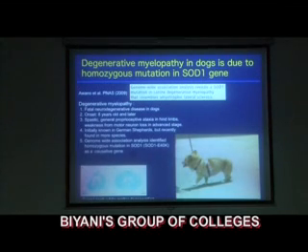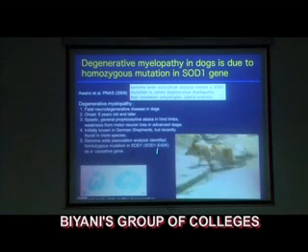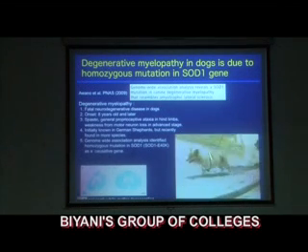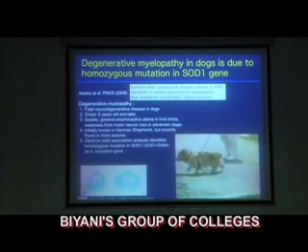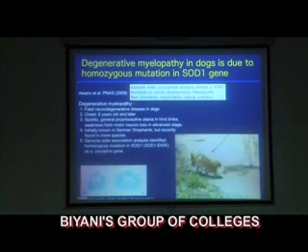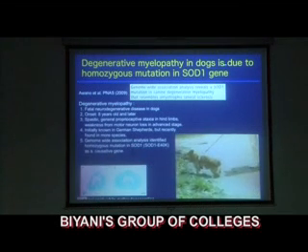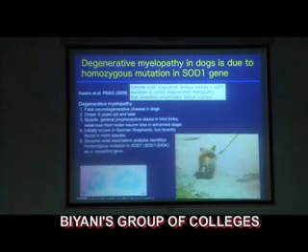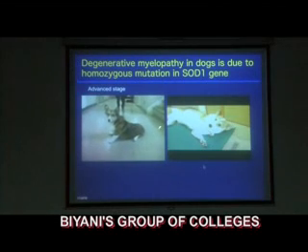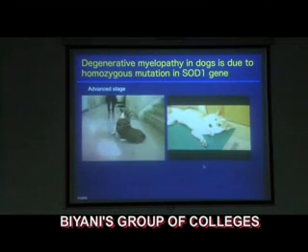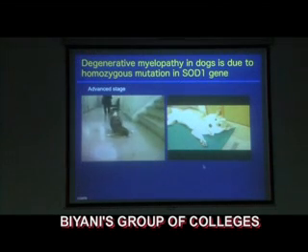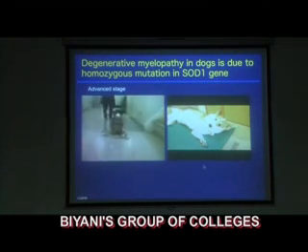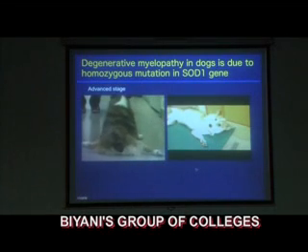These are dogs affected by this disease, showing hindlimb paralysis and very similar pathology to human patients with SOD1 gene mutations. In the advanced stage, the dogs have complete hindlimb paralysis. That's really a devastating disease, like human motor neuron disease.